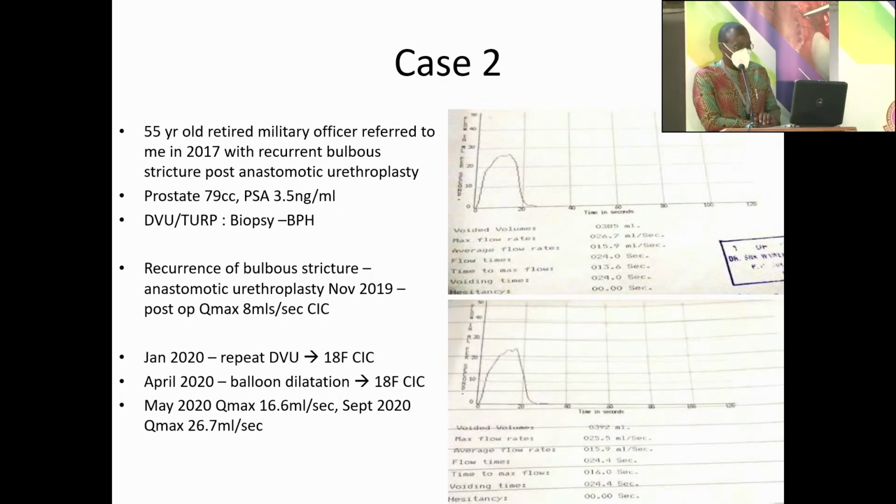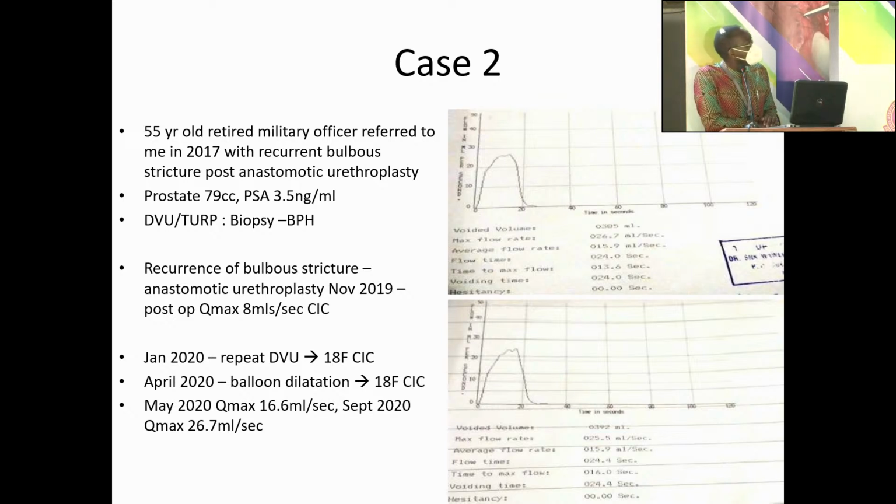The second one is a 55-year-old military officer, actually serving, who was referred to me in 2017 with a recurrent bulbar stricture and had anastomotic urethroplasty before referral. We did some more investigation. Prostate was 79 cc with a PSA of 3.5.